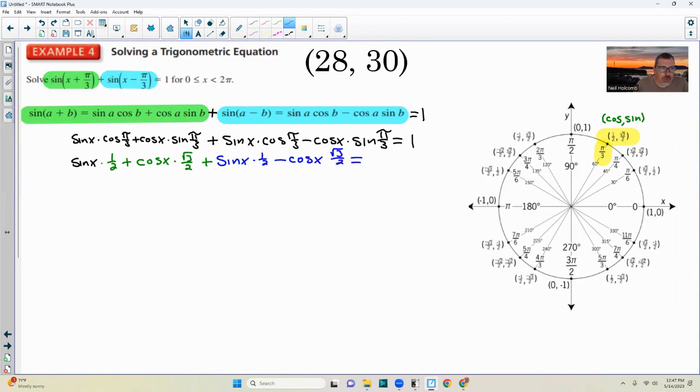And that all equals 1. Okay, so that's the next step. You substitute in your givens.